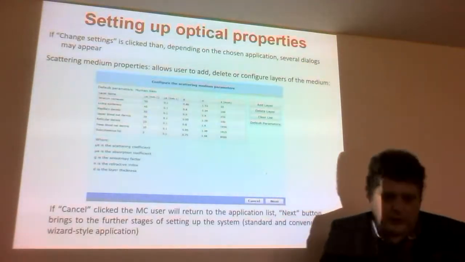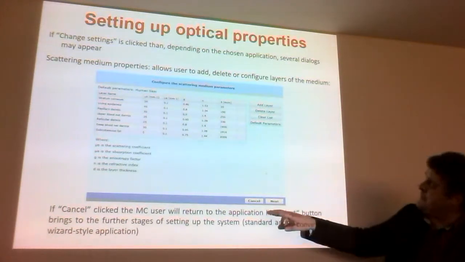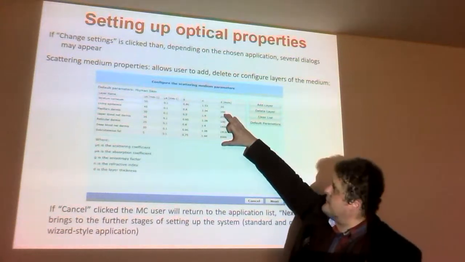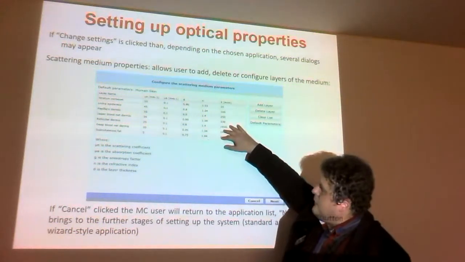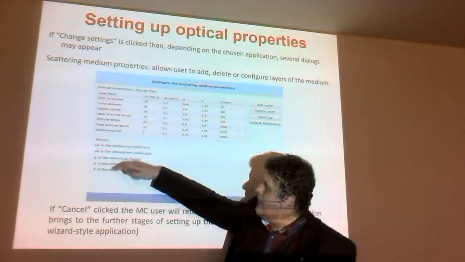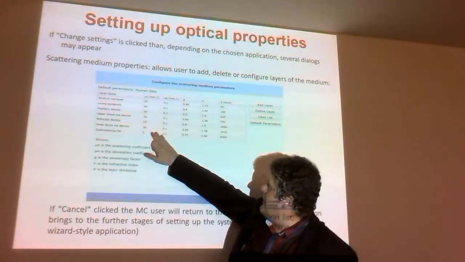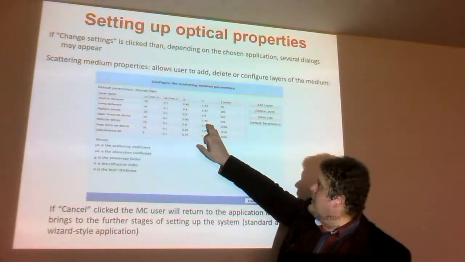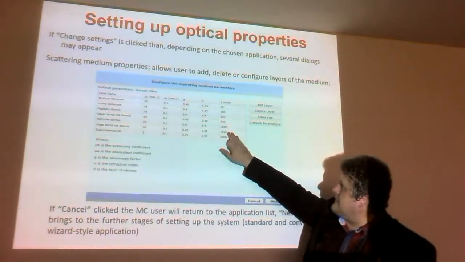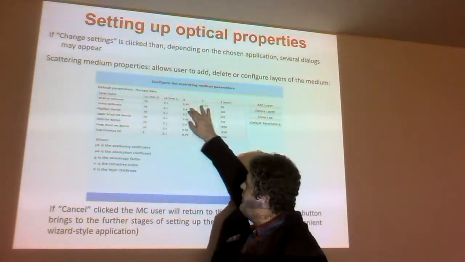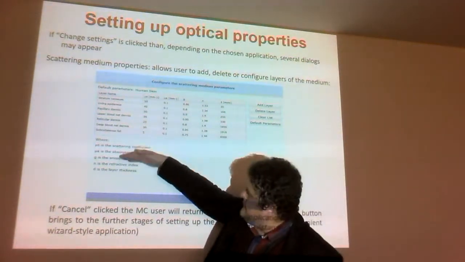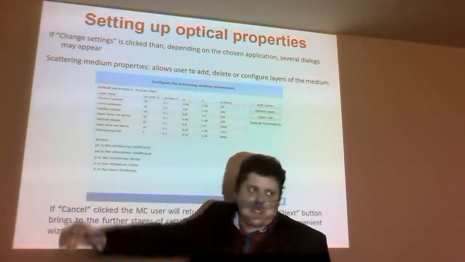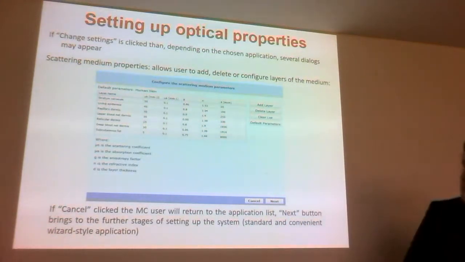When you press the button to change the settings, you'll see for the scheme a table where each layer is prescribed with actual scattering, absorption, anisotropy factor for the Meglinski phase function, refractive index, and thickness. You can change any of this data, you can add layers, you can reduce the number of layers, and that's all possible.